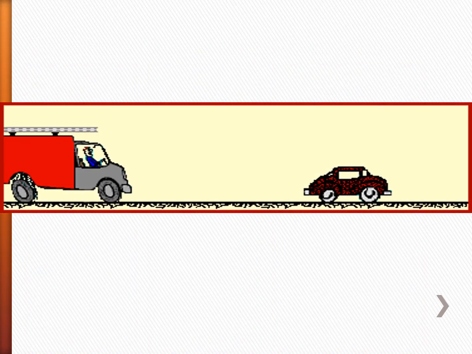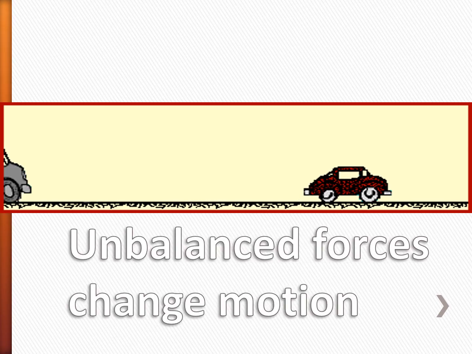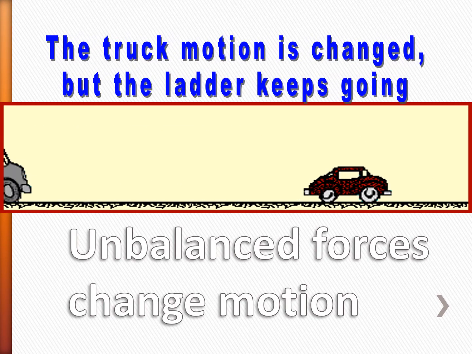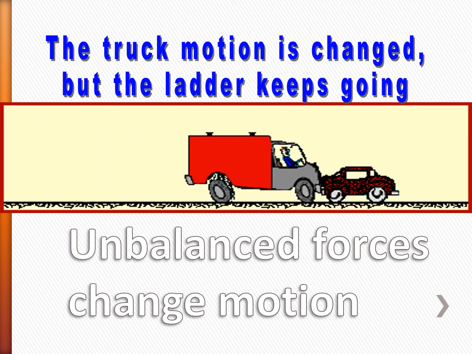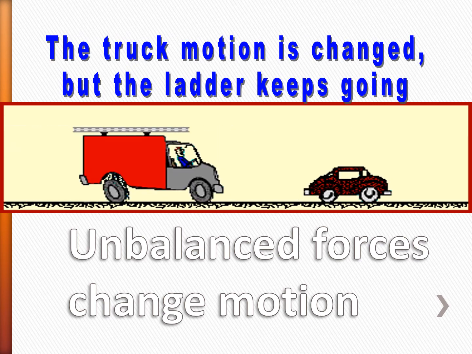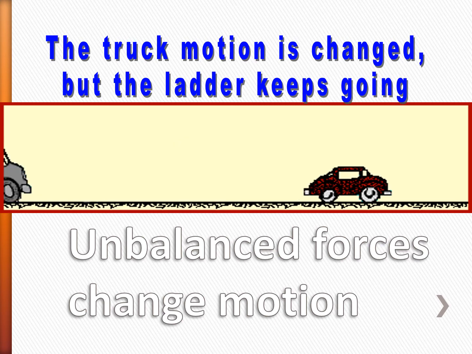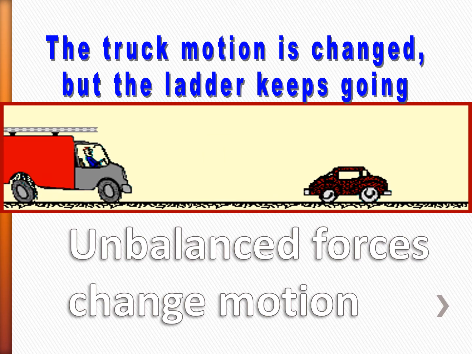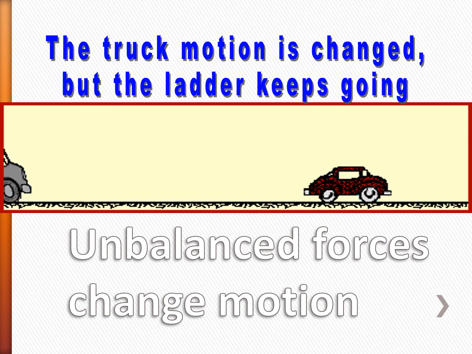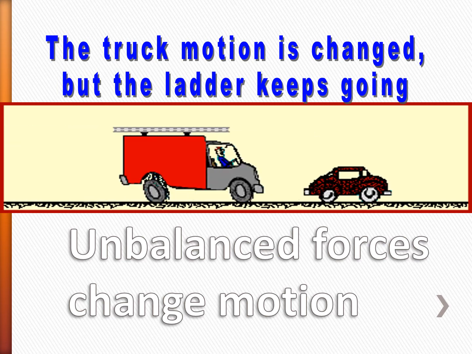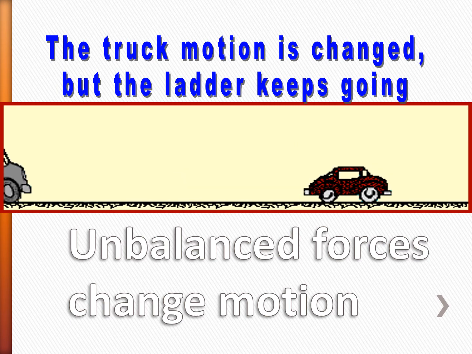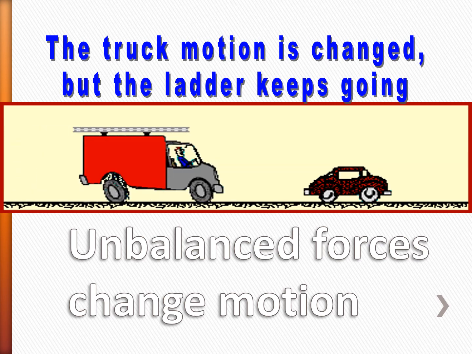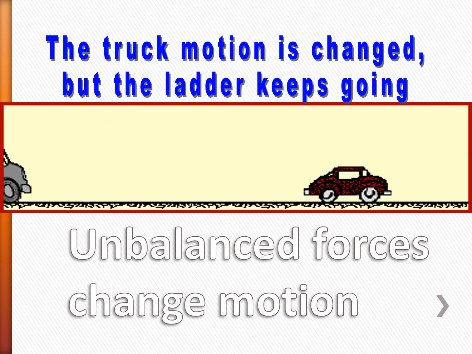In this illustration, when the truck and the car collide, the truck's motion is changed, but the ladder keeps going. The collision between the truck and the car causes unbalanced forces, which made the truck stop moving, while the ladder continues to move because the unbalanced force is only between the truck and the car.